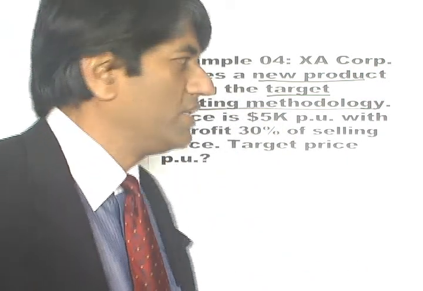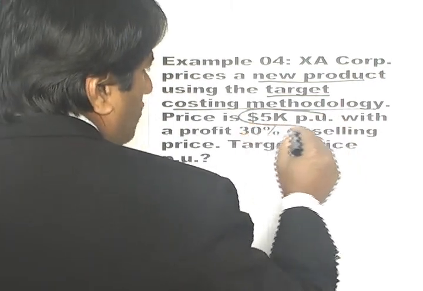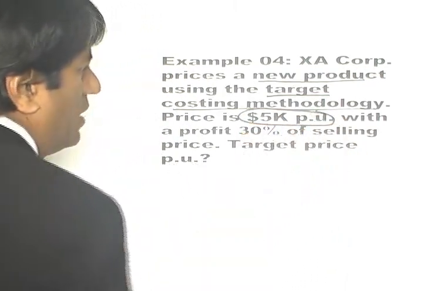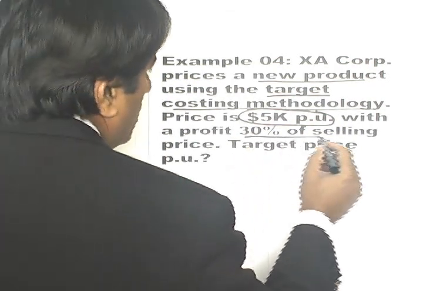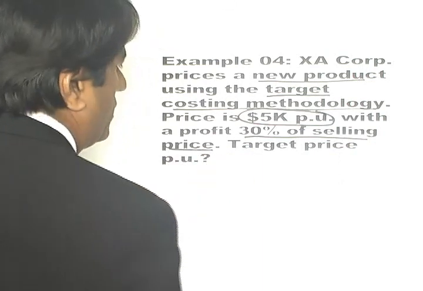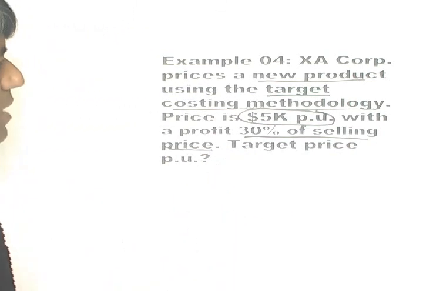The price at which the firm sells the product is $5,000 per unit, and there is a profit of 30% of selling price included. The question asks, what is the target price per unit?